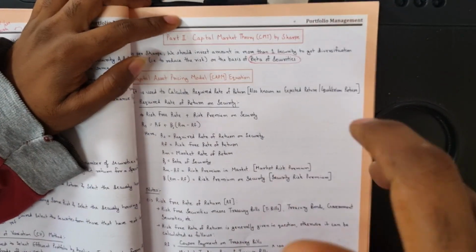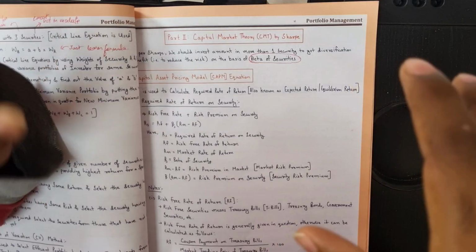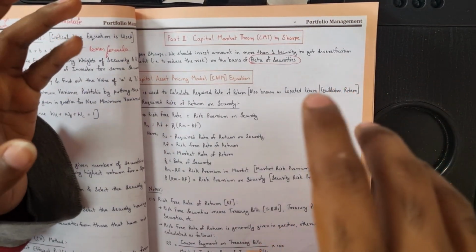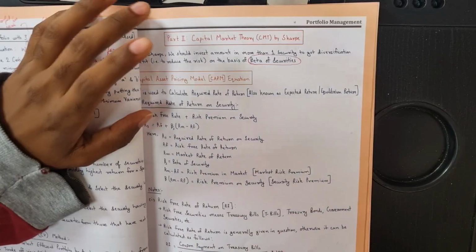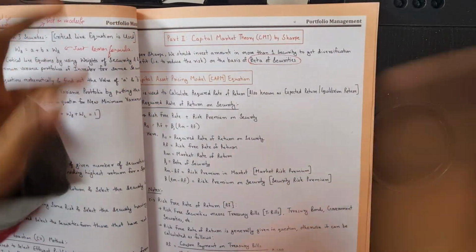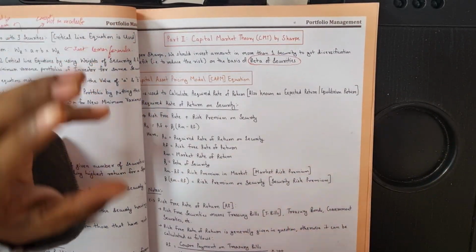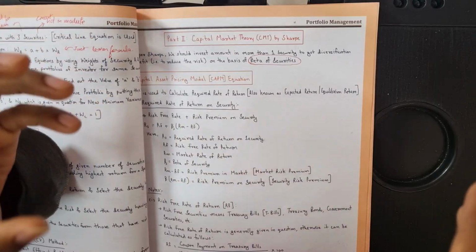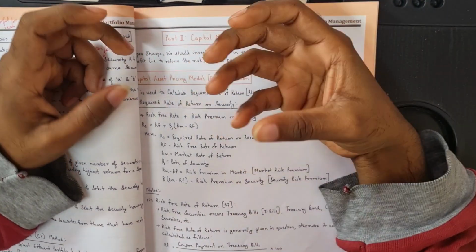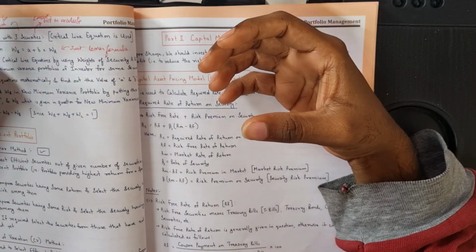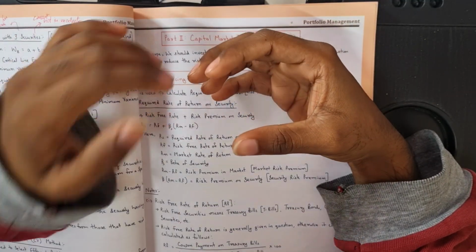What does Sharpe say? That your required rate and expected rate are equal. He doesn't differentiate between both of them. In Markowitz, your required rate and your expected rate will be different. What is your expected rate in Markowitz? You analyze past data and divide it by n.